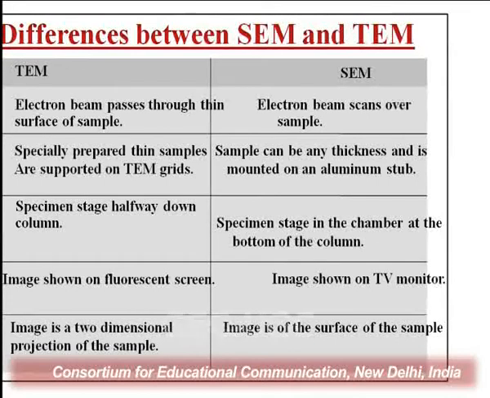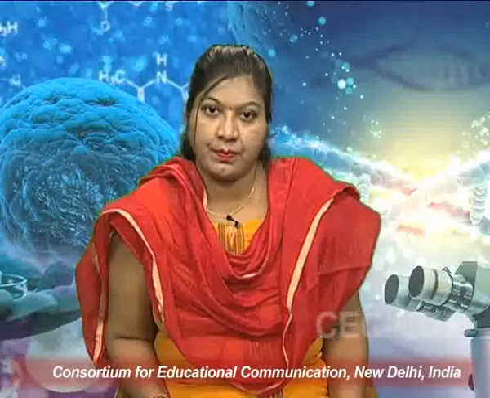In the TEM, the image is a two-dimensional projection of the sample, but here in the SEM, the image is of the surface of the sample. So these are the differences of SEM and TEM, scanning electron microscope and transmission electron microscope.